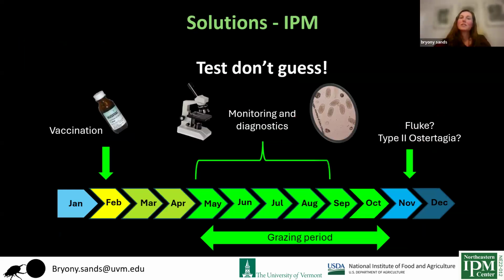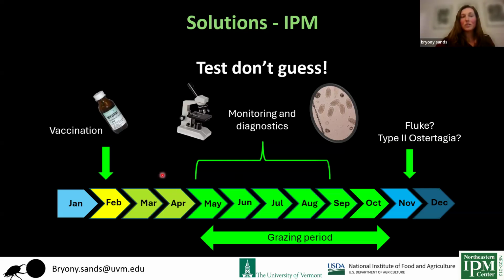So solutions in terms of an IPM approach is really based on finding out if there actually is a problem and which animals need treatment. So the motto for this is test, don't guess. And we can do various monitoring diagnostic tests, which I'll talk about in a minute, to find out what level of issue we have, if there is one, and who we need to be treating, if anyone at all.